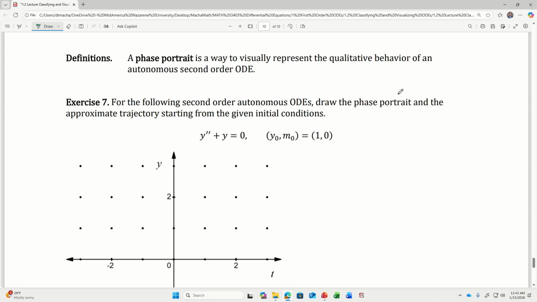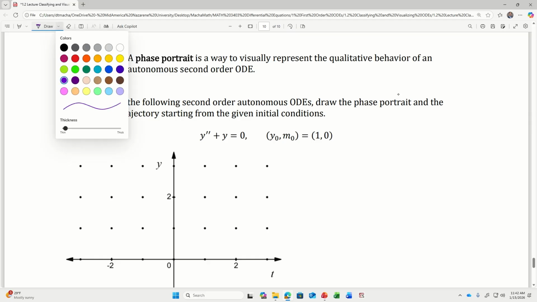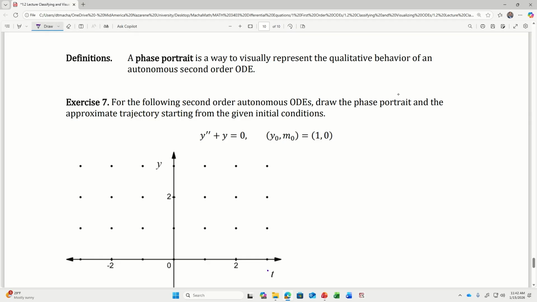So I mislabeled this graph here because my axes should change now. My axes should have the horizontal axis be y, not t, and the vertical axis should be y prime.